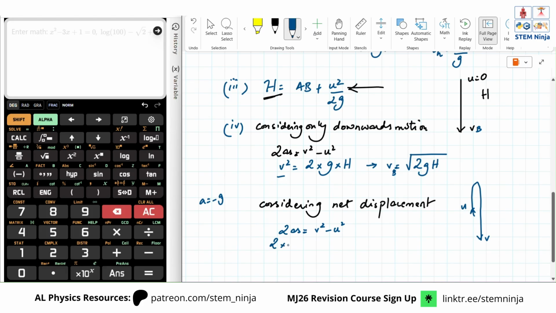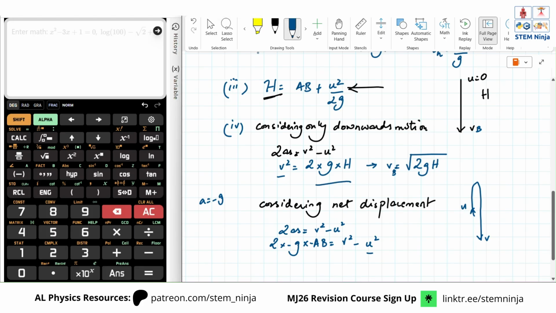So 2 times minus g, and the net displacement this time, S would represent net displacement, would be minus AB, equals v squared minus u squared. Using the values, you would see that we would actually get the same thing. We would always get the same thing.